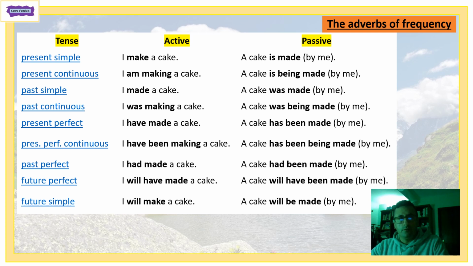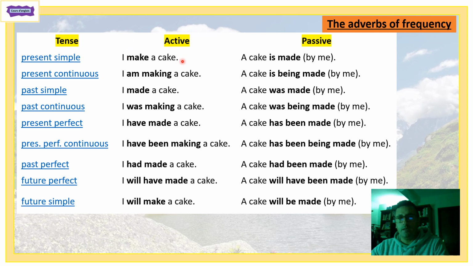Regardez ce tableau. Voilà. Tense, c'est le temps, la conjugaison. Active, la voix active. Passive, la voix passive. Par exemple, Présent Simple. Prenons cette phrase. I make a cake. C'est la voix active.